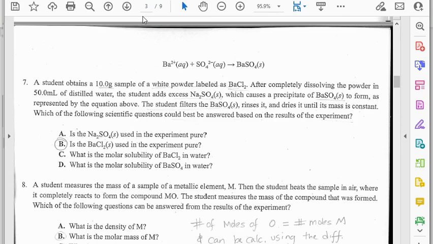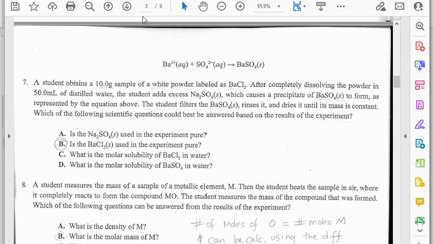I got that one right. I knew that. It's never density, and it can't be that. It's nothing.